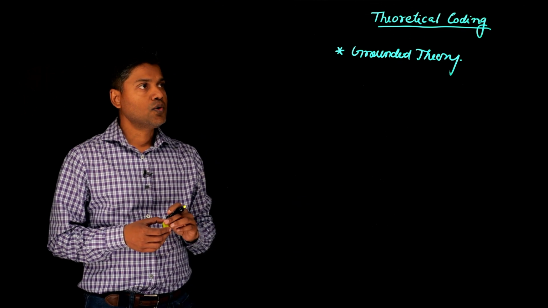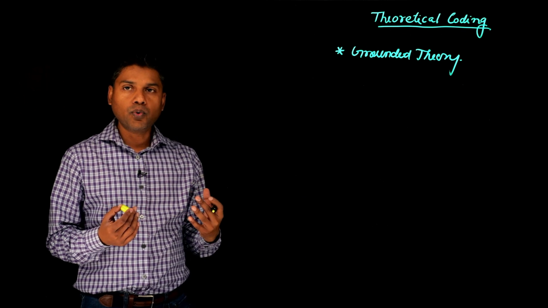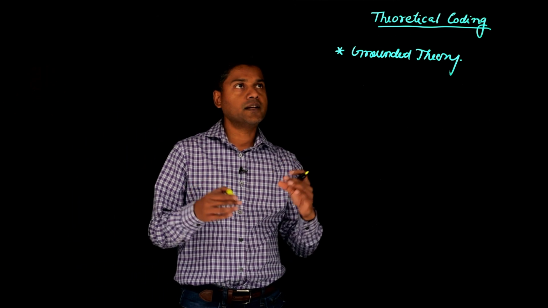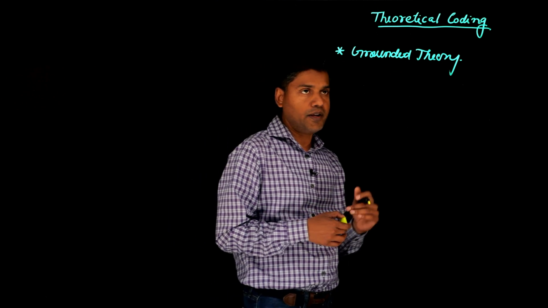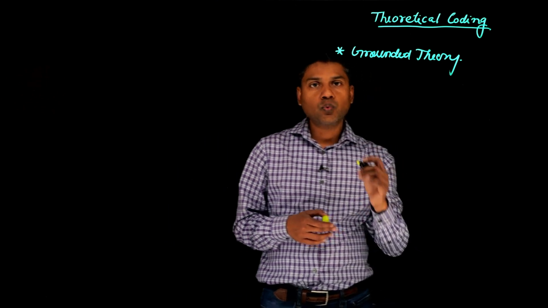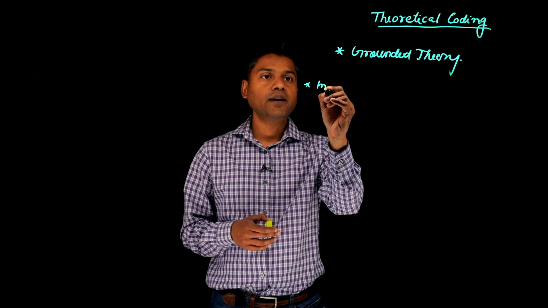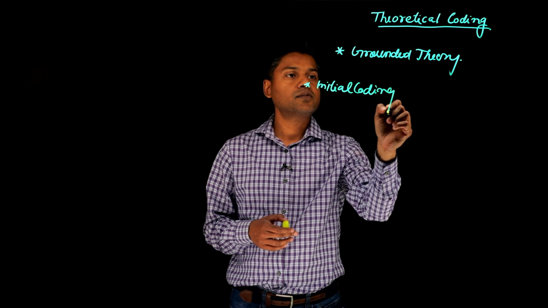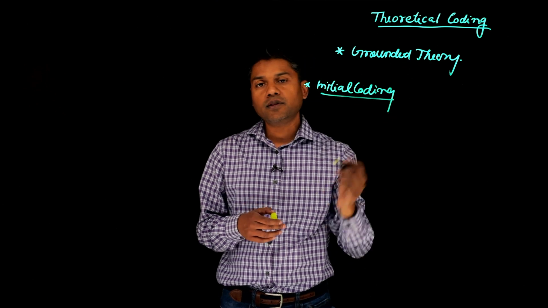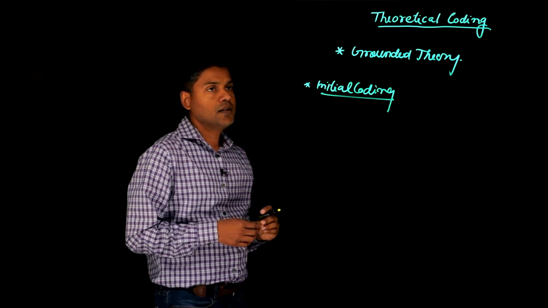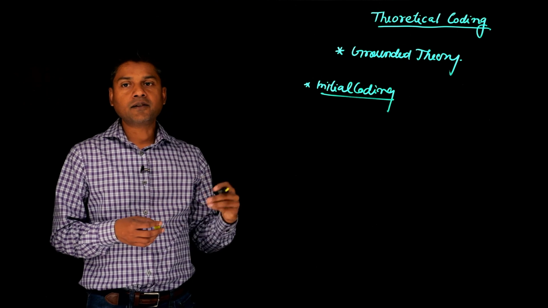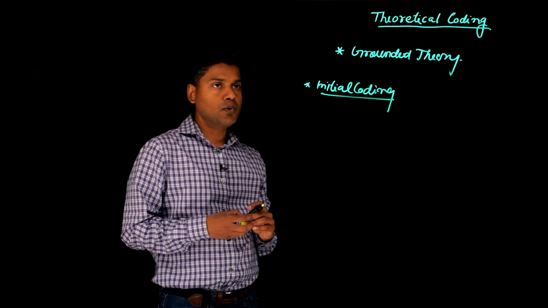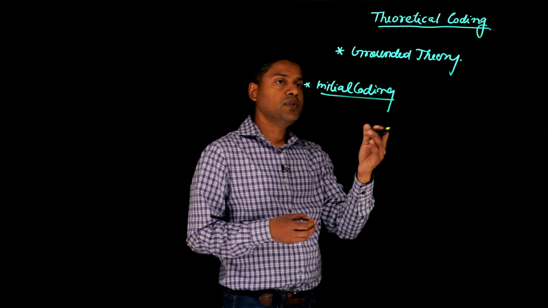So let's start with the coding approach which is followed in grounded theory and how it looks in the context of using theoretical coding. As you know, you start with initial coding, any first cycle coding strategy that you could do. In grounded theory, if you remember, we use process coding because that is more useful to understand the social processes and code them.